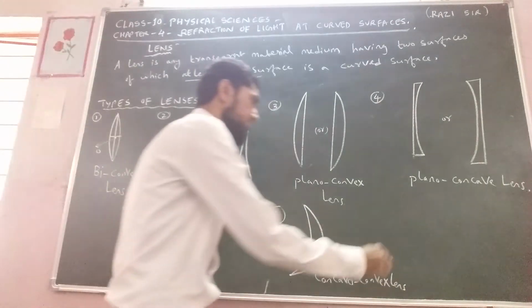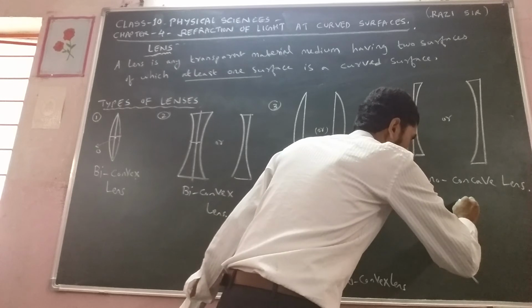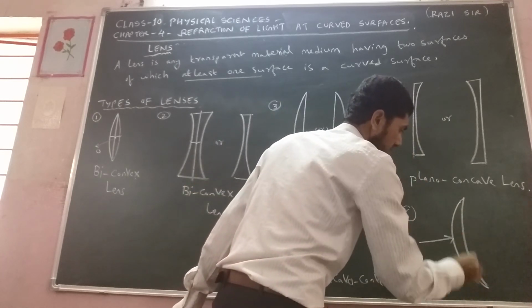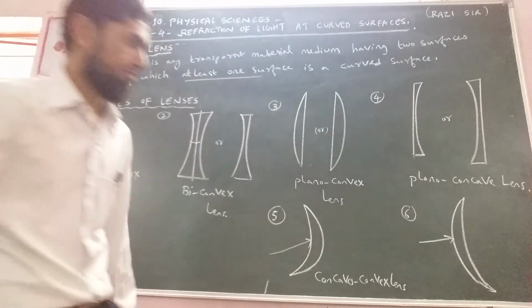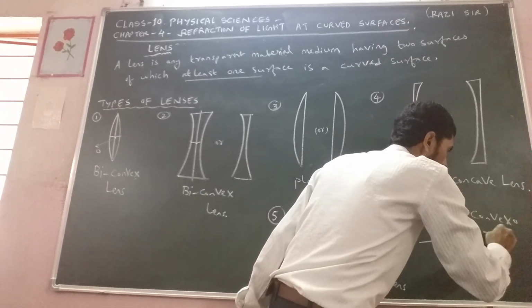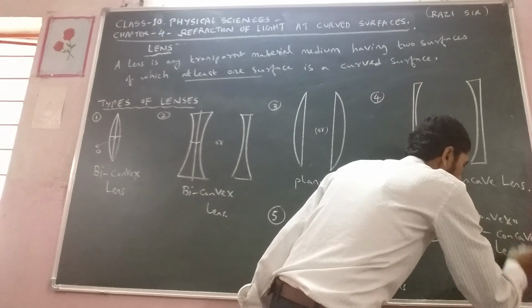And the sixth one, we can take a lens of this kind, where light rays enter through the convex and leave through the concave. So this one is a convexo-concave lens.